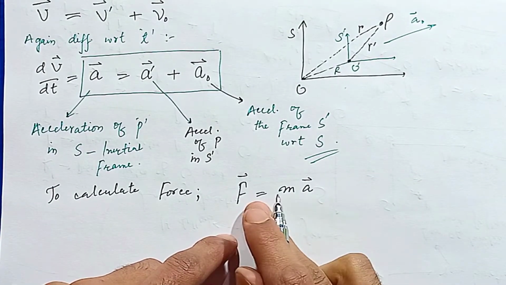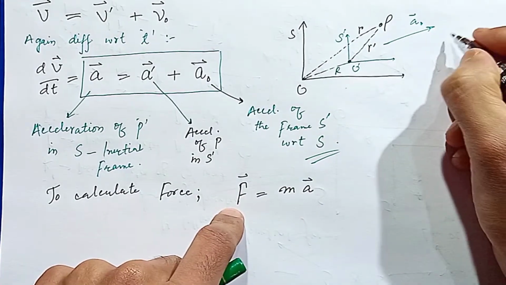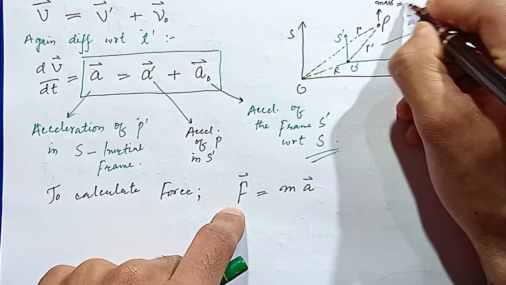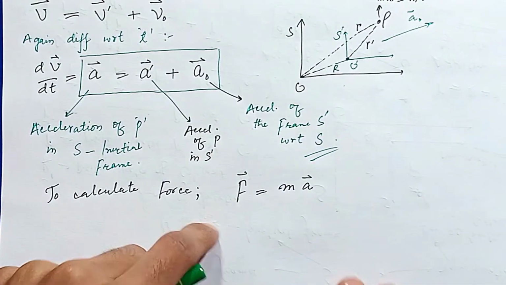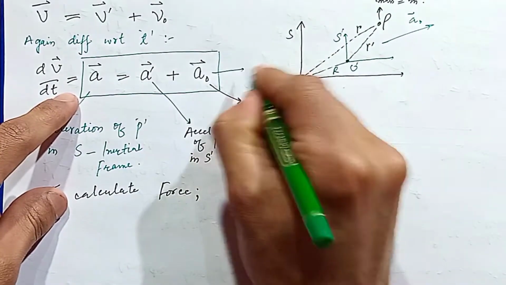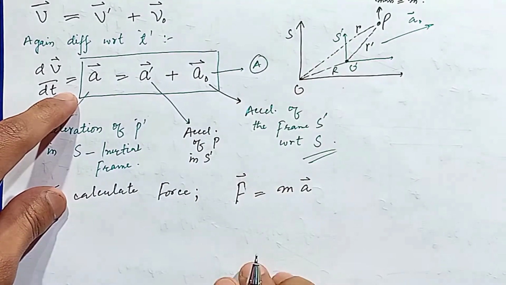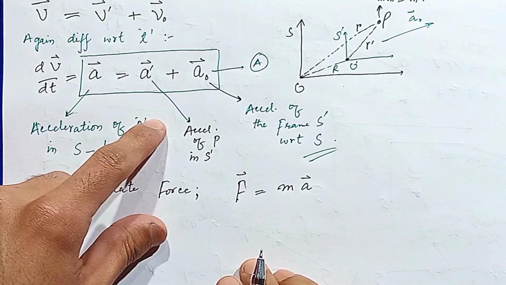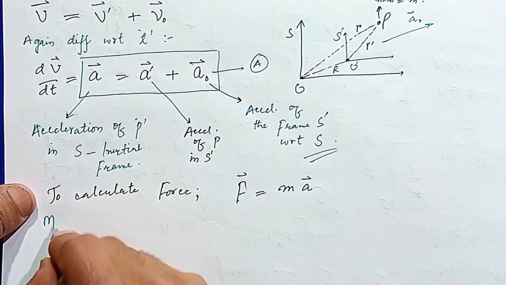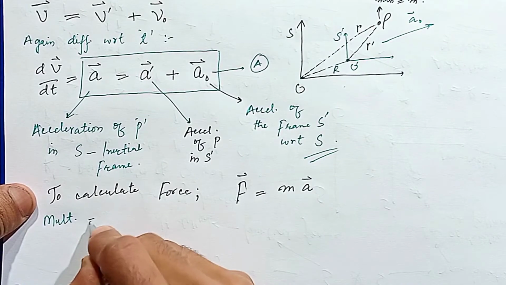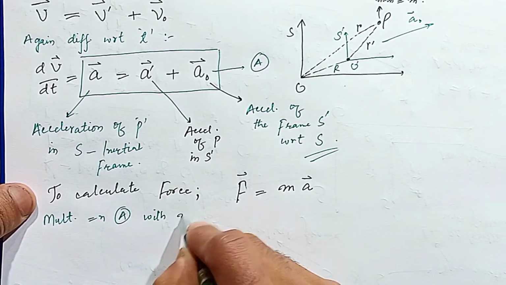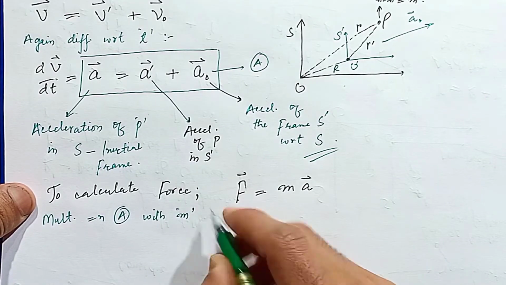Consider the point particle p, which has mass m. So we have to multiply this equation, say this is equation A, throughout with m, the mass of the point particle.